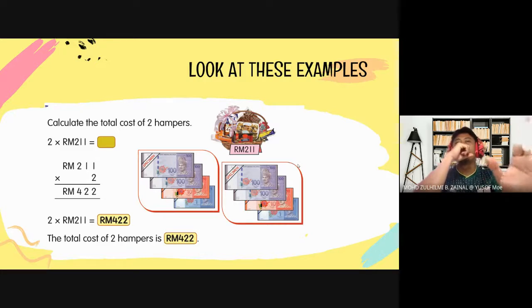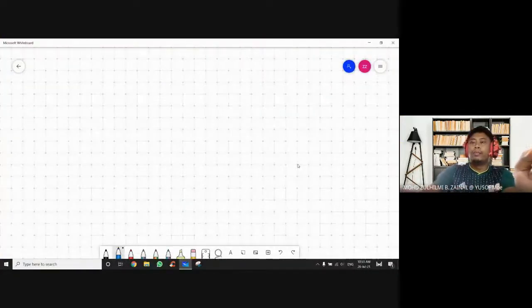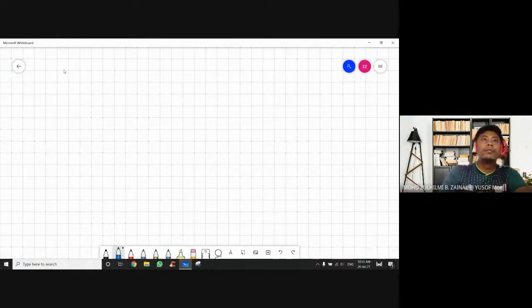Your method of calculation is shown. If you don't remember, don't worry. If you don't remember, you are taught, the teacher already taught how to make the multiplication table. For example, let's look at this one. The question is 2 times RM 211.